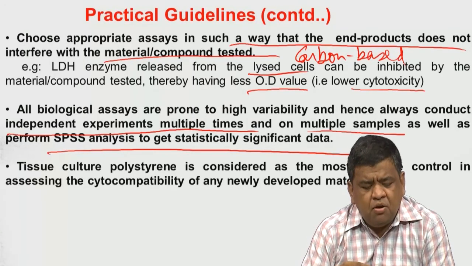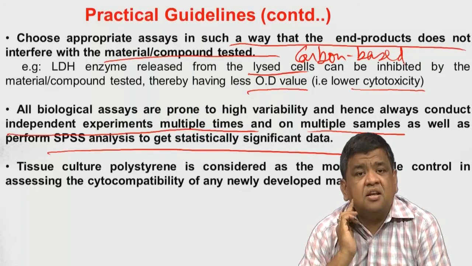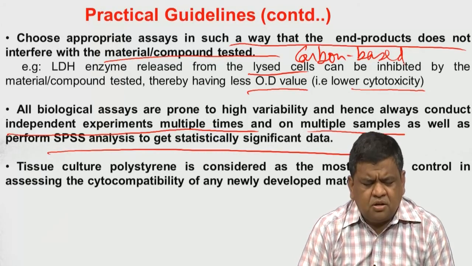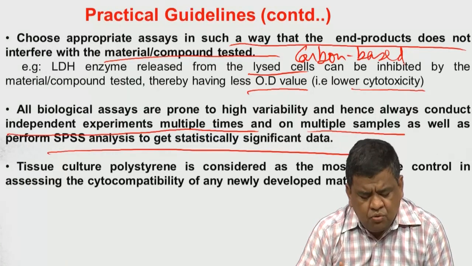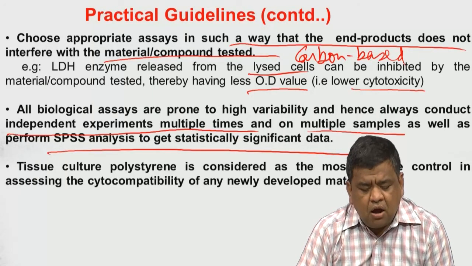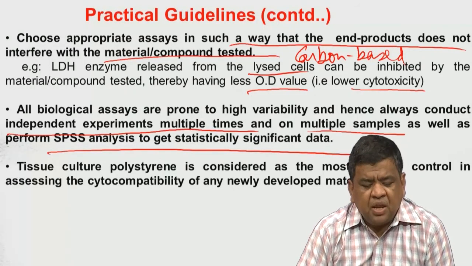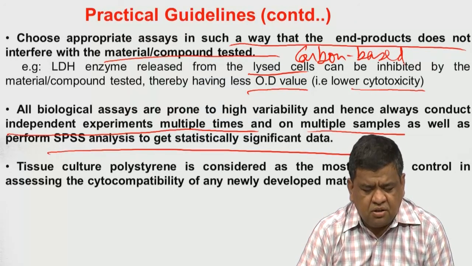So, definitely one would have to use these assays multiple times and on multiple samples and use statistical analysis, which is very, very important in the context of cell biology research, because one has to use the appropriate statistical tool so that they can convince others that indeed a statistically significant difference can be obtained as far as the cell functionality is concerned.